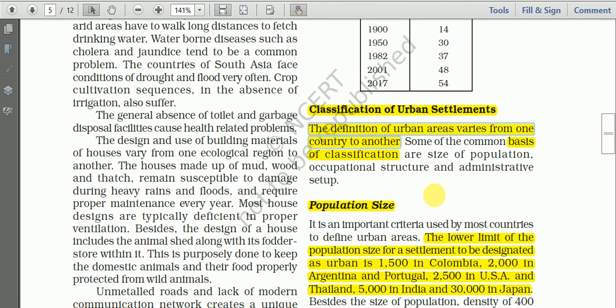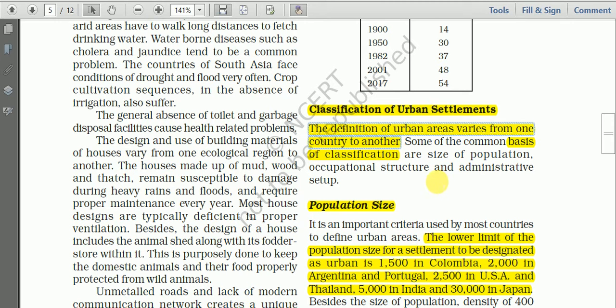So we don't have the exact criterion to call a settlement urban. It varies. The criterion, the principle, varies from one place to another place.